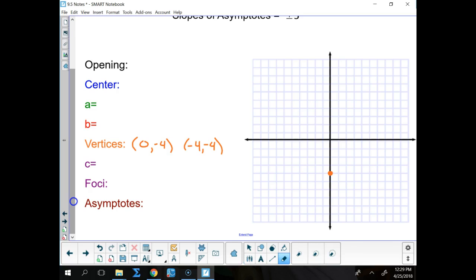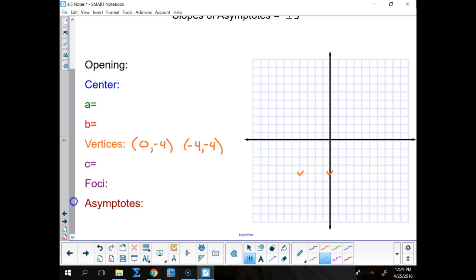Oops, let me put a V there instead. And I have another vertice at negative 4, negative 4.